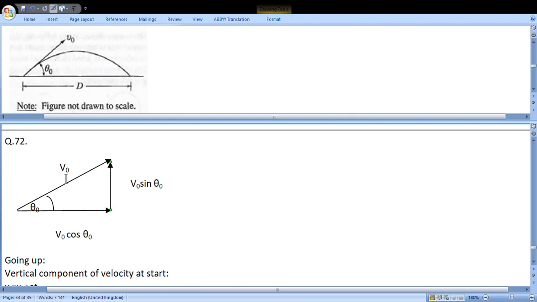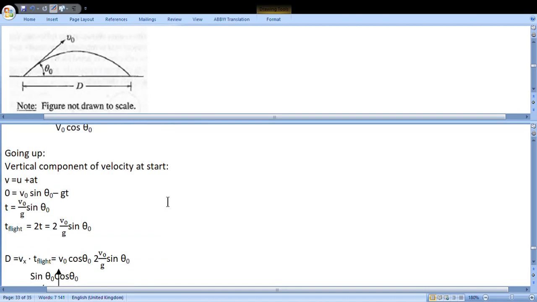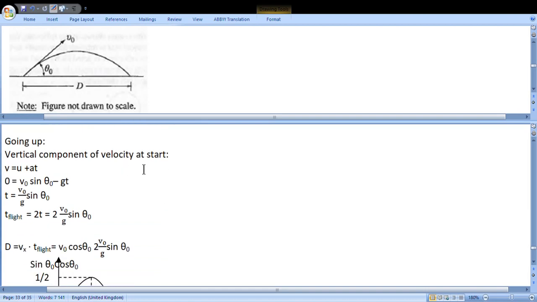Right, so v0 can be resolved into horizontal component v0 cosine theta and vertical component v0 sine theta.